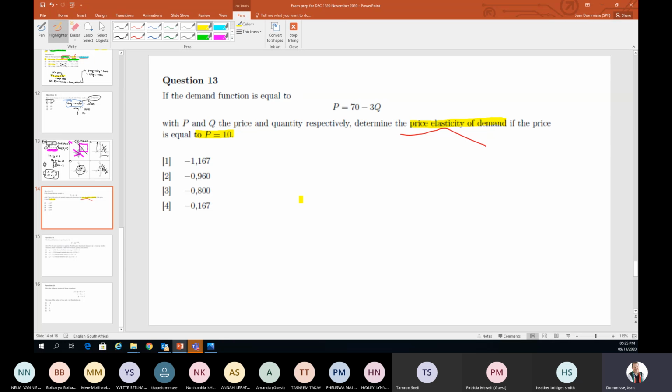So let me check this one for you. Where is my file? What would you have done in this instance? Because it's the simpler function that you can work with.